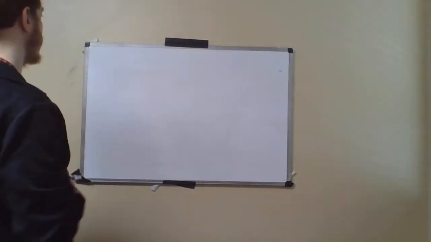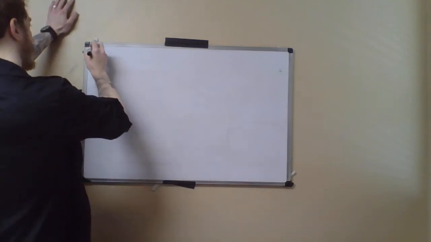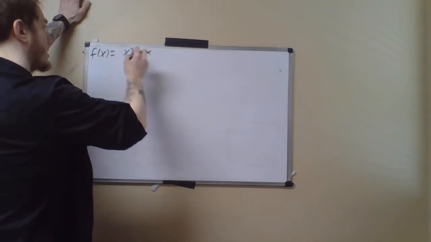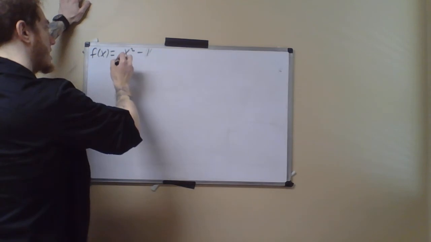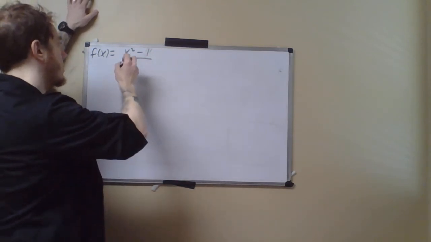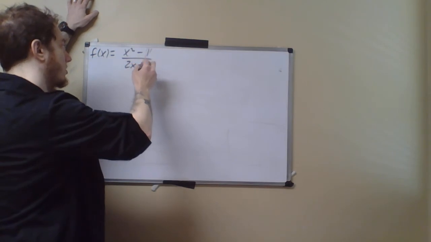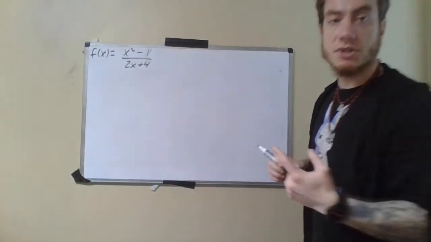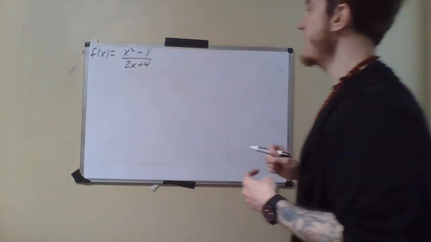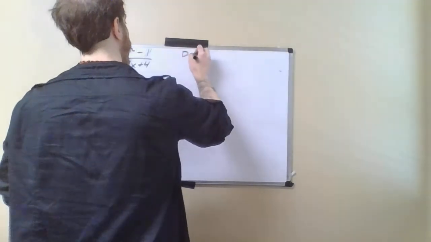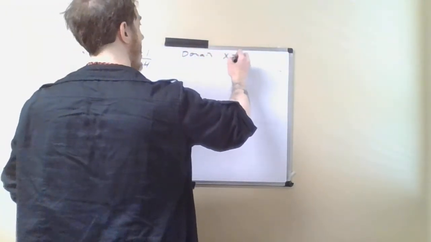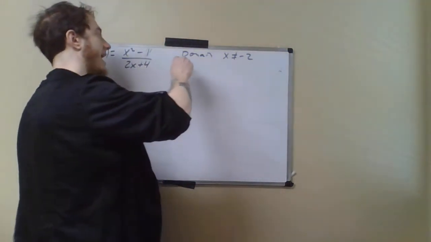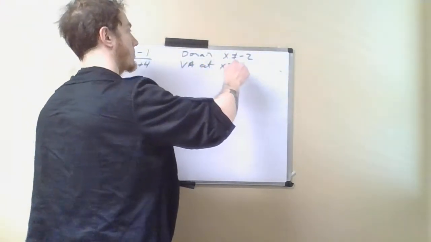Like, let's say, for instance, that we have the same kind of question, but for f of x is equal to x squared minus 1 divided by 2x plus 4. So I want to do the same problem, but in this case, the first thing that I'm going to want to do is to identify the fact that the domain is x not equal to -2. In fact, we are going to get a vertical asymptote at x equals -2.